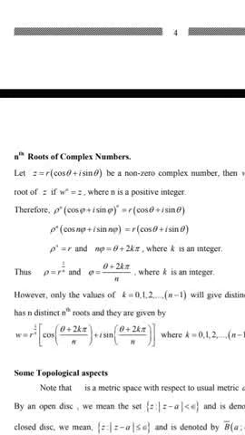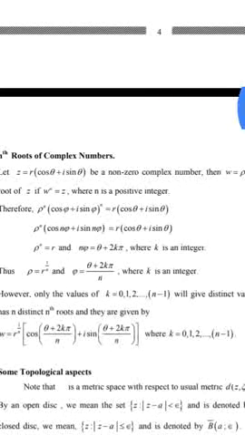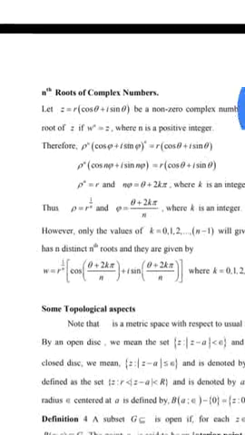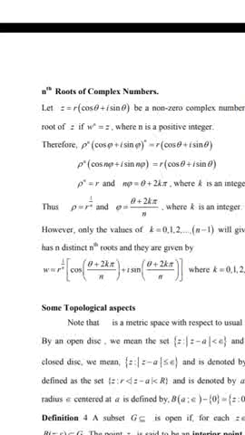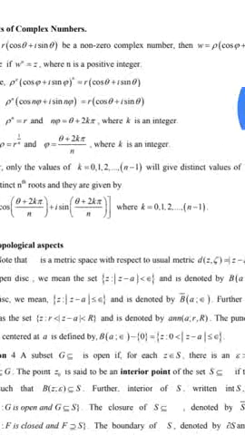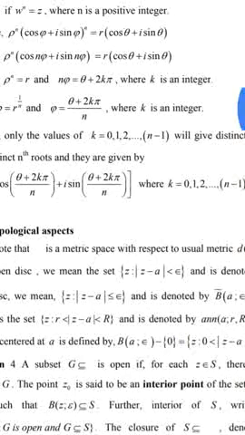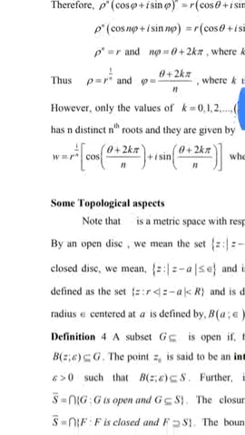if w^n = z, where n is a positive integer. Therefore rho^n (cos psi + i sin psi)^n = r (cos theta + i sin theta), so rho^n (cos n psi + i sin n psi) = r (cos theta + i sin theta). Rho^n = r and n psi = theta + 2k pi, where k is an integer.